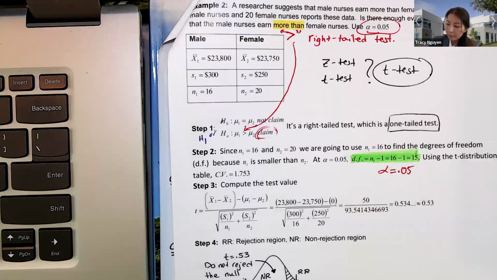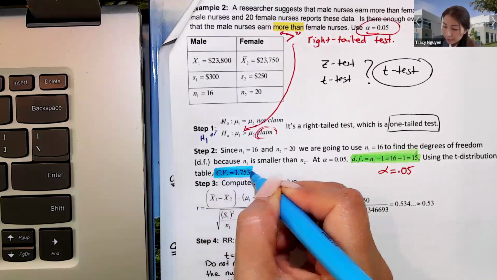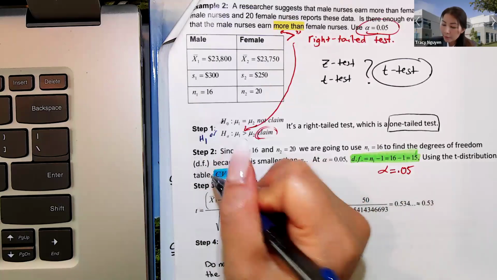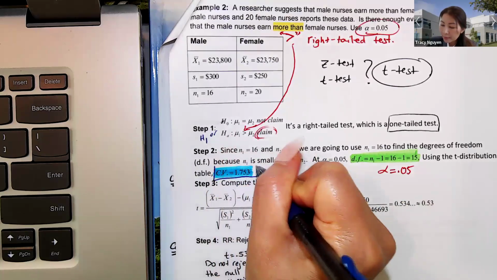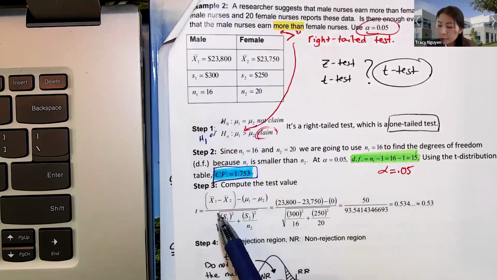All right. And here is what we have for our critical value. Again, keep an eye on this value because we would need this value to draw our curve in step 4 to make the decision. Okay, so we're ready to compute our test value here. Test value T equals to x1 bar minus x2 bar.